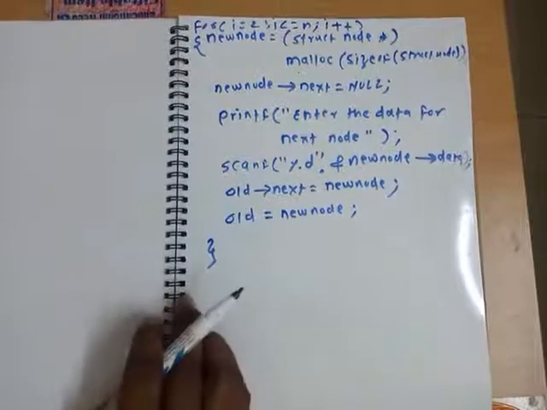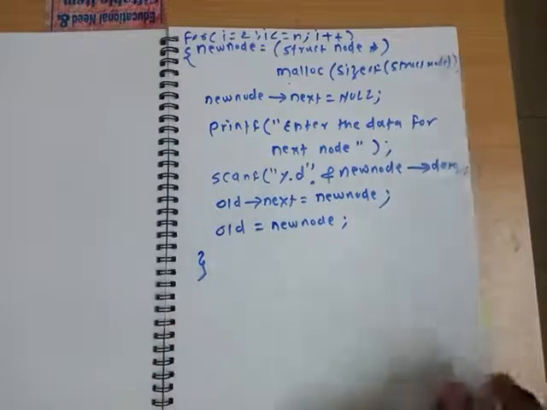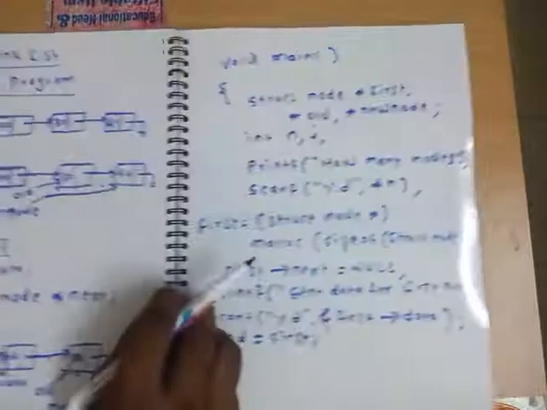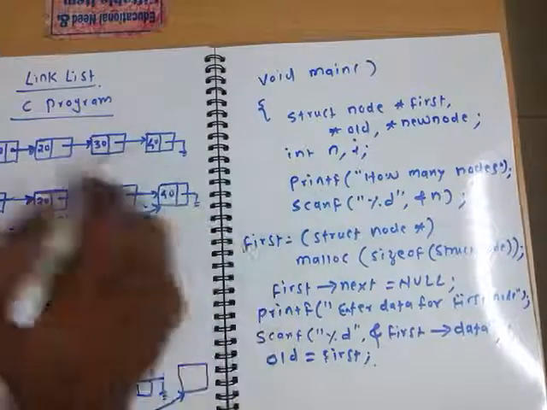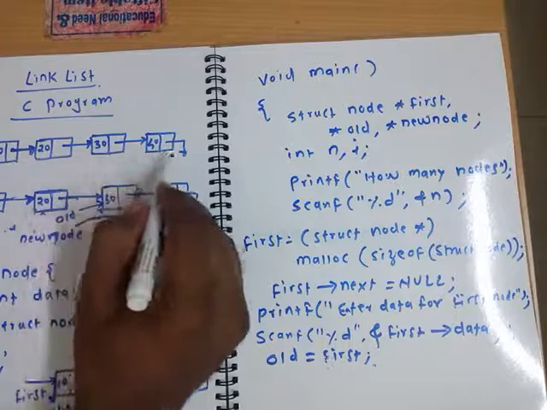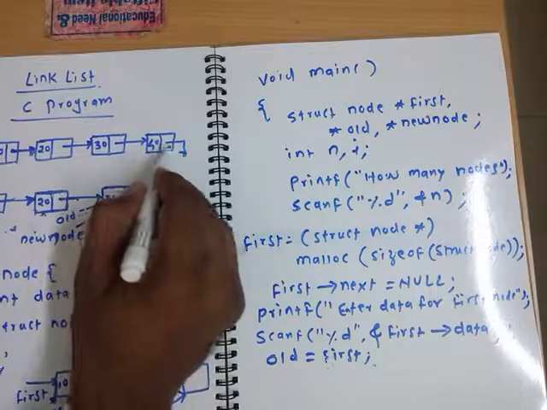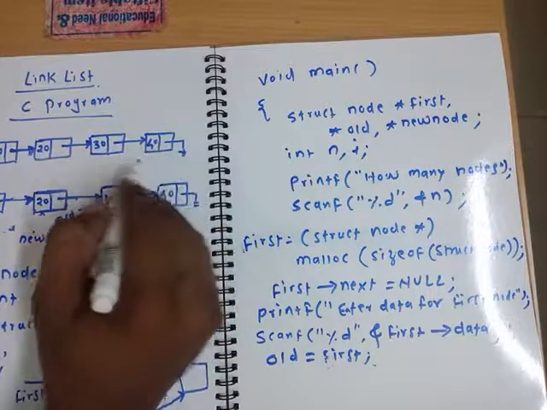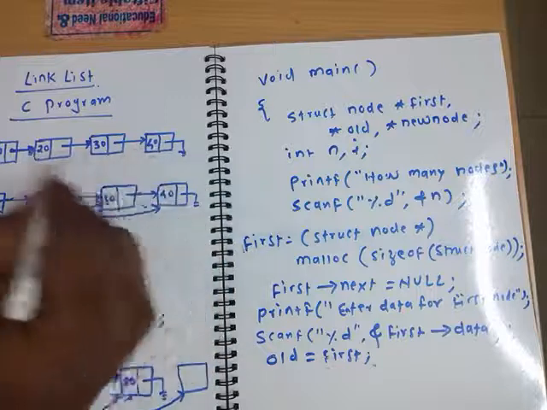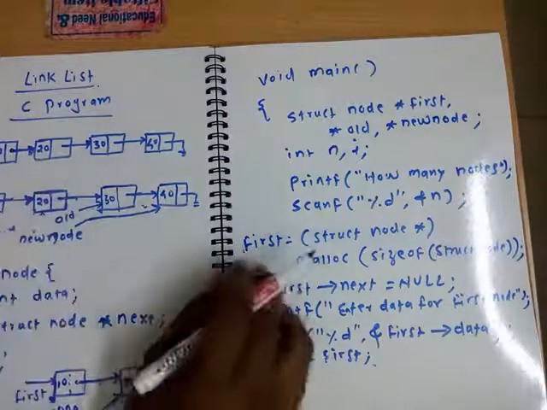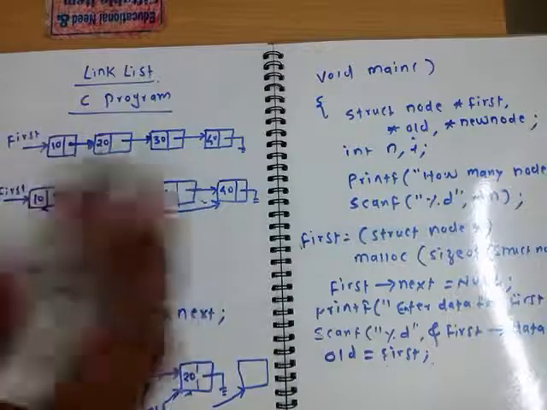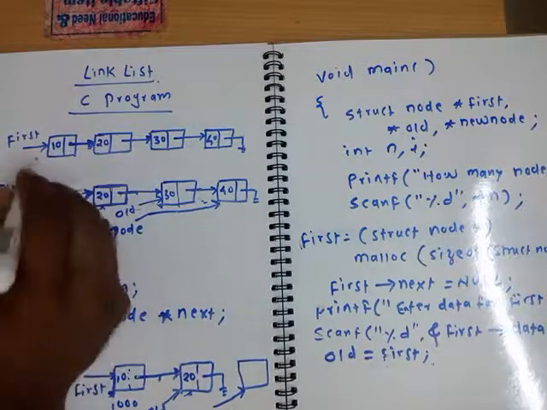Now, to print this linked list, let's say we have this linked list created at the end of this code. Our old pointer will be somewhere at the last node, right? And now we would like to print that linked list, because it is in memory, and we would like to show it on the screen or output device.